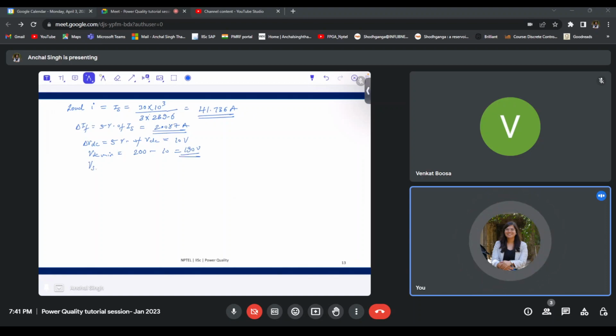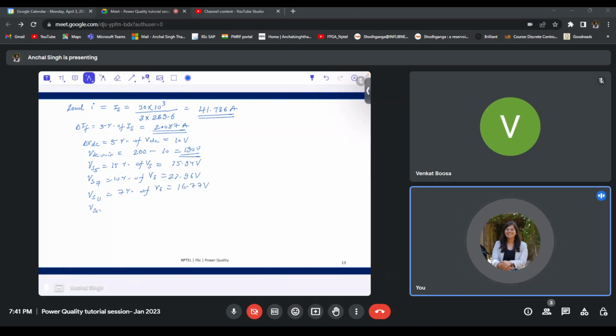Based on the phase voltage, Vs5 is equal to 15% of Vs, which will come out to be 35.94 volts. Vs7 is equal to 10% of Vs, so this will come out to be 23.96 volts. Vs11 is equal to 7% of Vs, which will come out to be 16.77 volts.